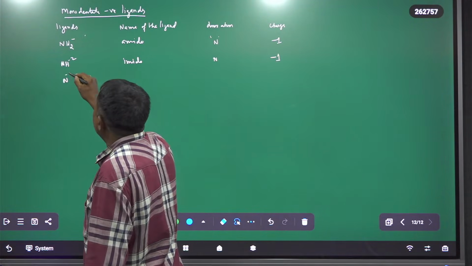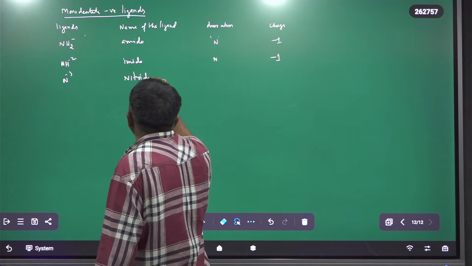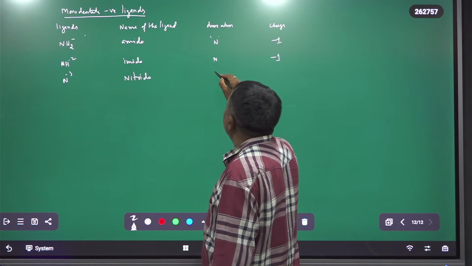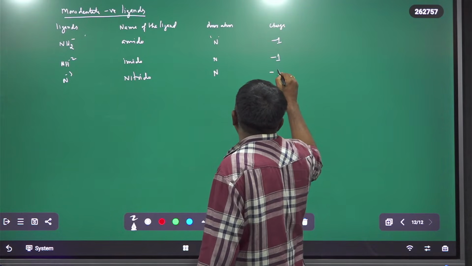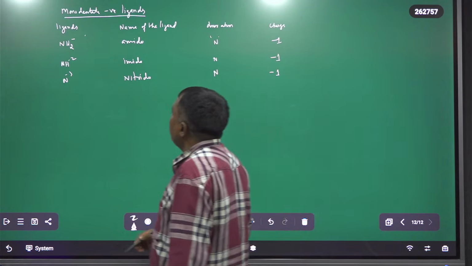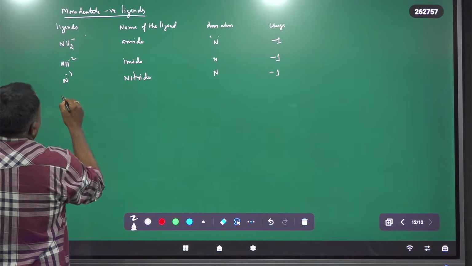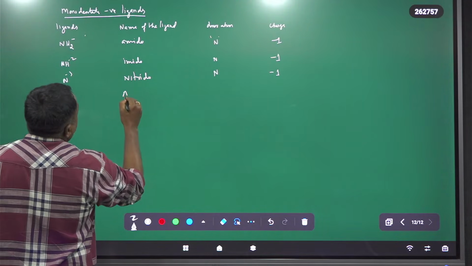And N minus 3, this is the nitrido. Here nitrogen is again the donor atom. And this is N3 minus, this is the azido.